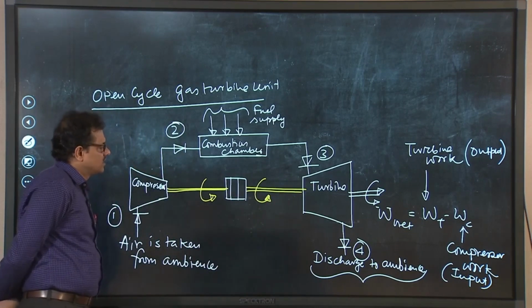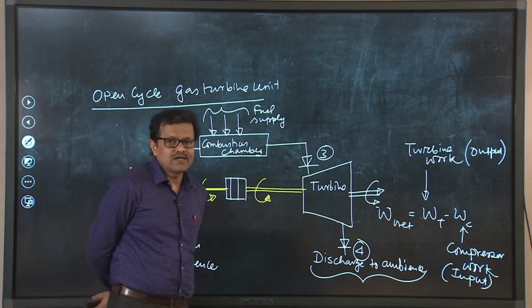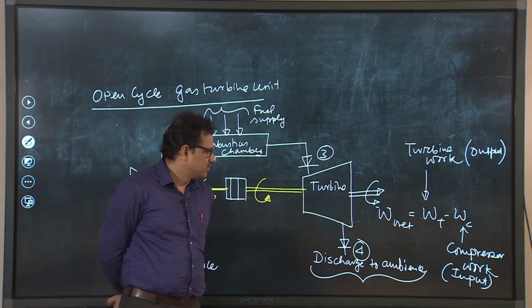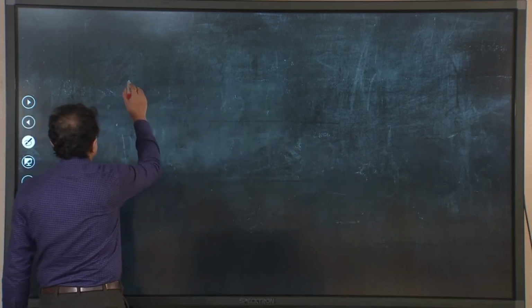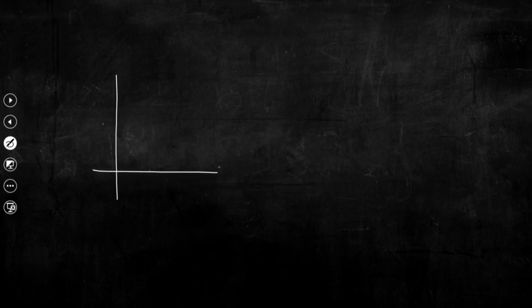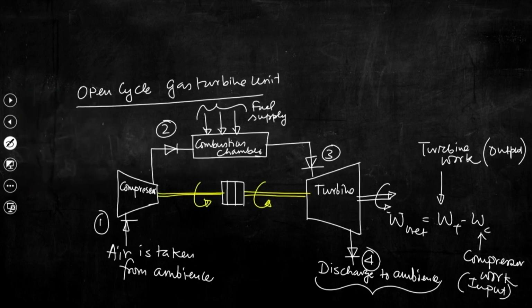Another thing is, in an open cycle gas turbine unit, if we try to now map the processes in a PV diagram, so what we can see is the compression process, 1 to 2.